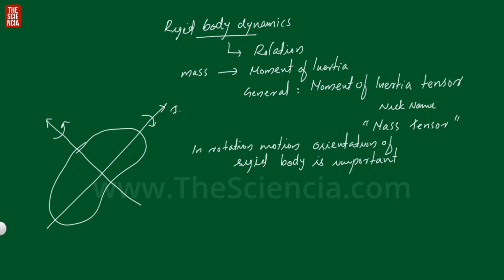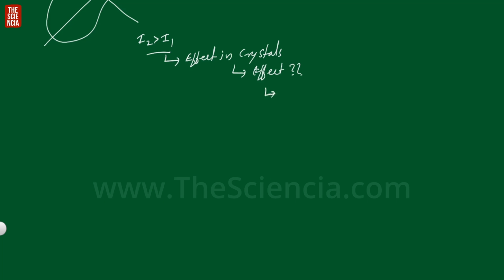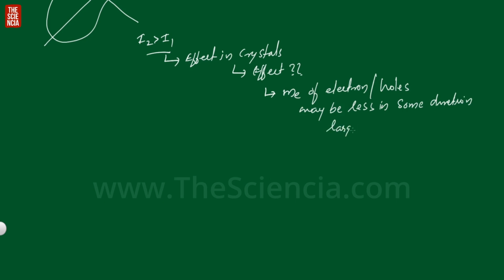Suppose this one is I1 and this is I2, then you can easily see I2 is greater than I1, and you can see this effect in crystals. What is this effect? The effective mass of electrons or holes may be less in some direction and may be larger in other directions.